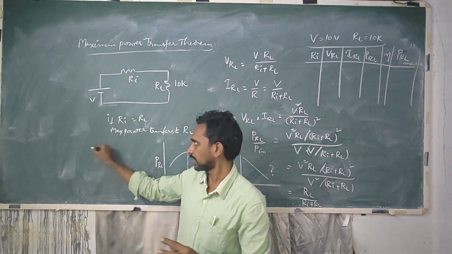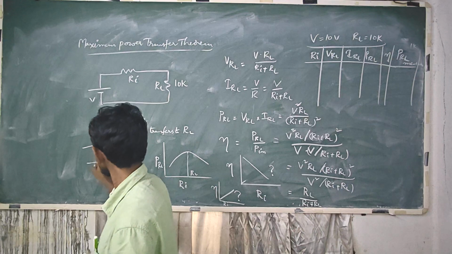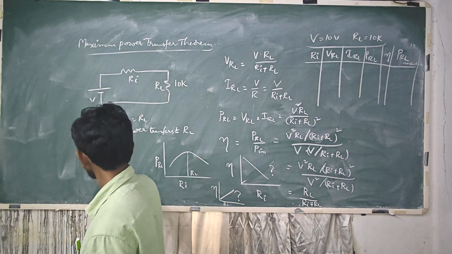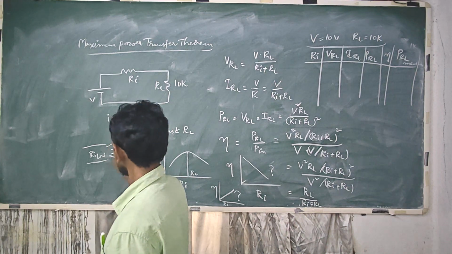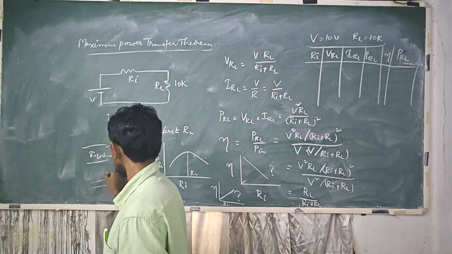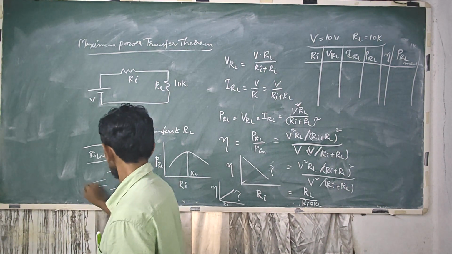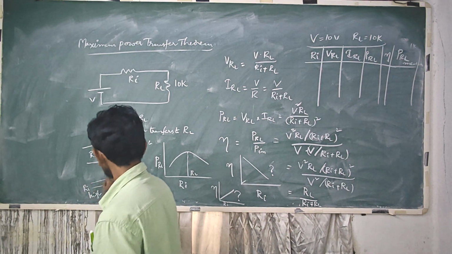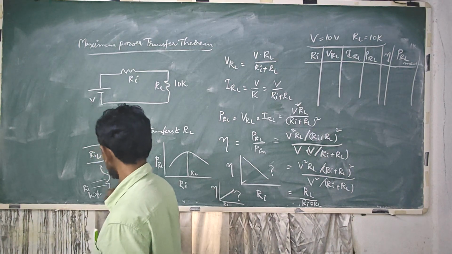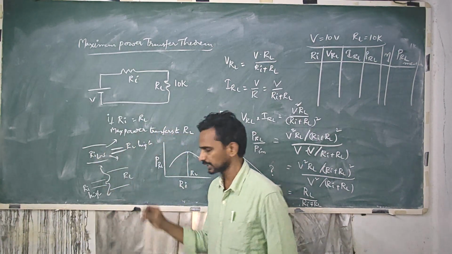So when Ri is very low, there will be losses, and when Ri is very high, there will be still losses, but may not be as good as the earlier case.